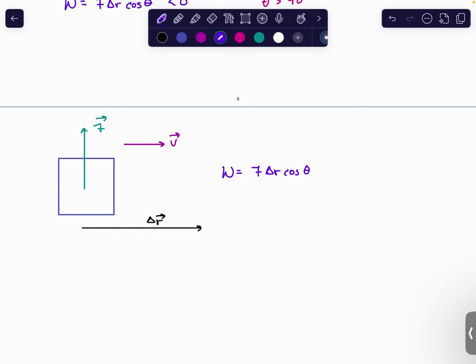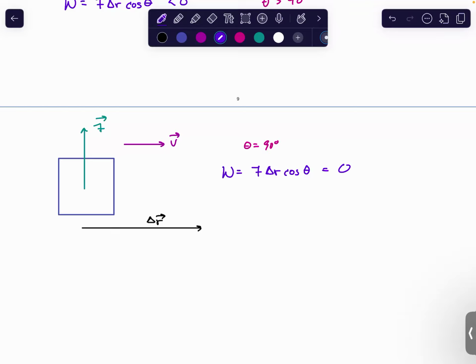What is the angle between the force and the displacement? 90 degrees. Yes. Because if you didn't get that right off, go ahead and put the 90 in there. What's cosine of 90? That's 0. Work is 0. When you have a force that's perpendicular to your displacement, you have no work done.